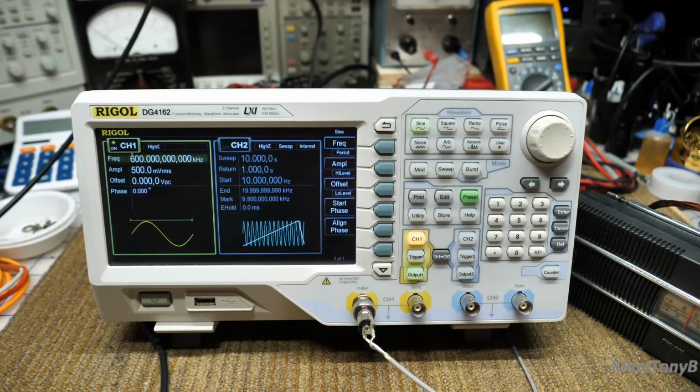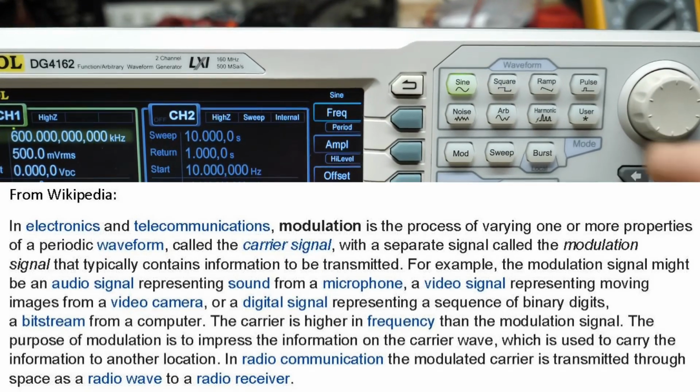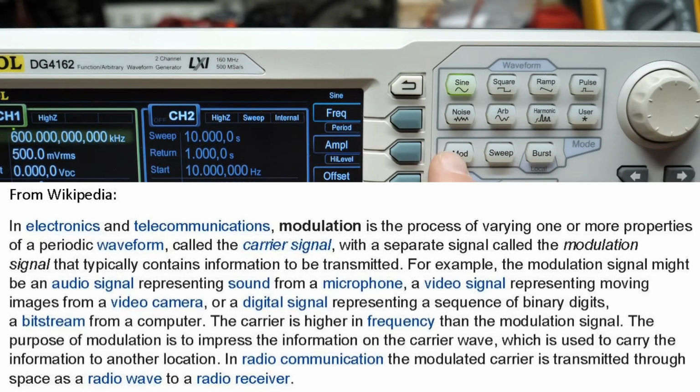So that explains what your carrier is. The next thing we want to learn about is what is modulation. Okay, so if you look on this particular piece of test equipment, there's a little button on here called mod. Mod stands for modulation. Now, some signal generators will have this in a menu, like on a soft key, but they have modulation.